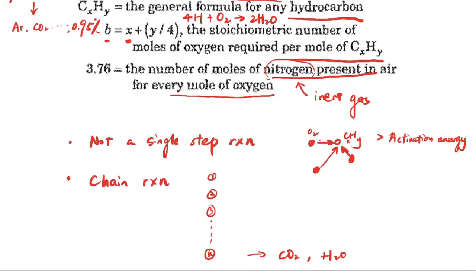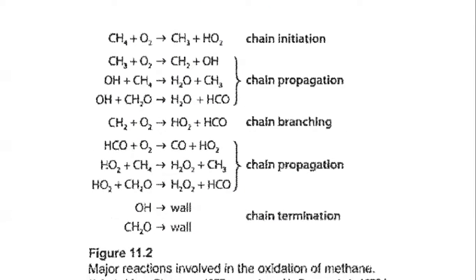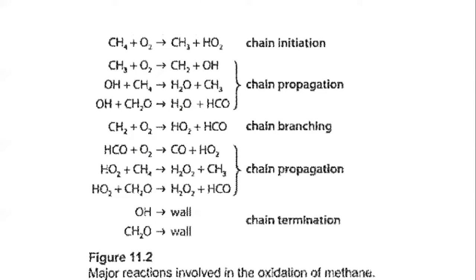So actually this chain reaction is very, very complex. Even for the most simple hydrocarbon, let's say methane, it is composed of multiple chain reactions. And here I'm just listing a few of the chain reactions for methane. And actually, people spend a lot of effort in understanding the reaction of methane, mainly because it's the major component of natural gas, right?